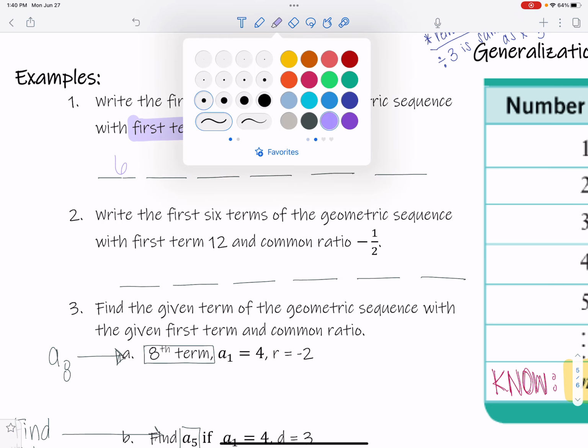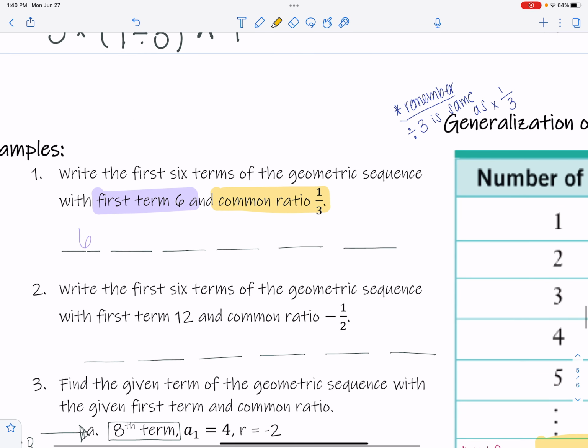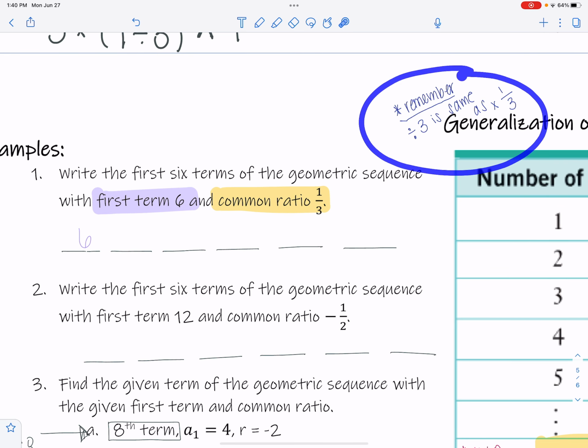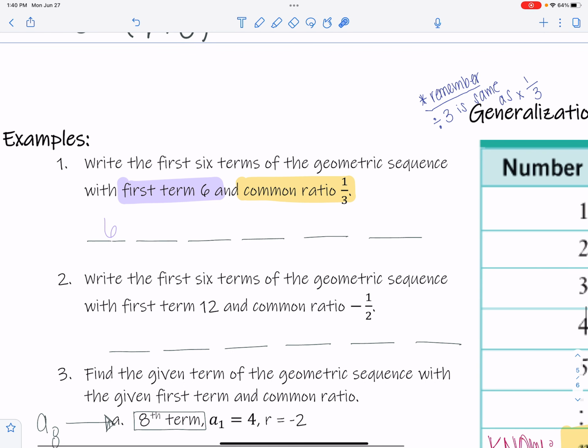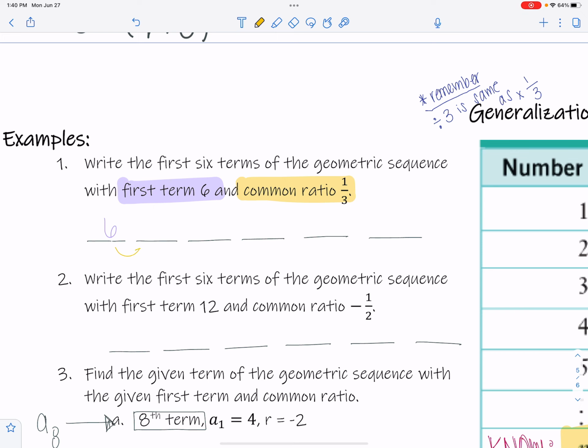Yes, that is the same thing as dividing by 3, but we want to think about things in terms of multiplication because that's how the geometric sequence is defined. So 6 times 1/3 gives me my next term as 2.